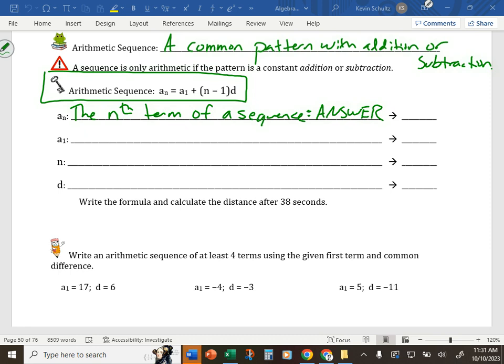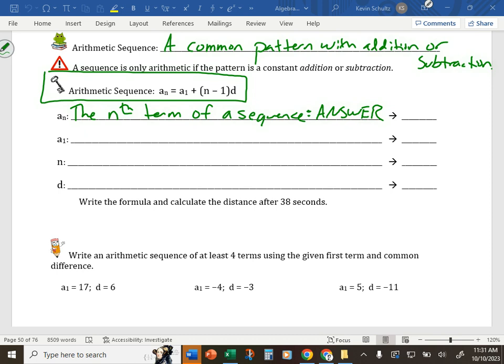The nth term. Maybe it's the 38th term. Maybe it's the 50th term. Maybe it's the distance after 65 seconds, 100 seconds, 1,000 seconds, right? Whatever number we're plugging into the formula that Gabby gave us earlier, that's the term we're trying to find. First it was 3, then it was 5, then it was 38, okay? But it's basically what you're trying to find.